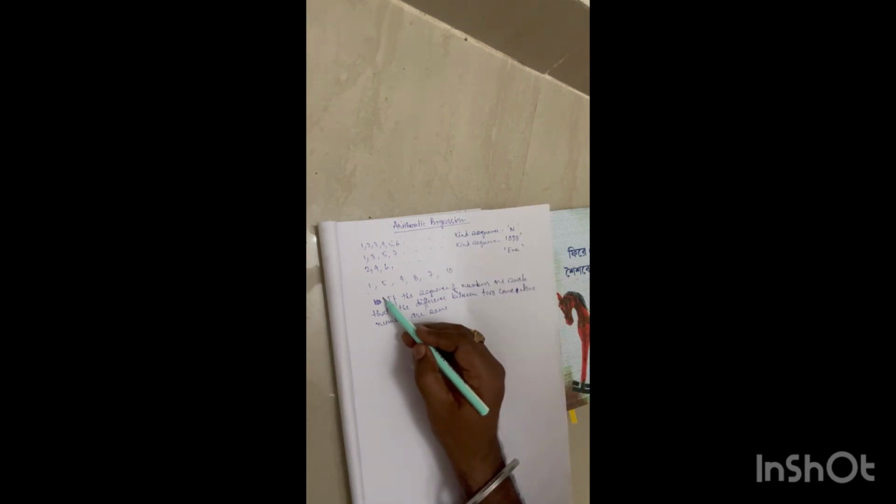Okay, now this is the definition. What it says: if the sequence of numbers are such that the difference between two consecutive numbers is the same, then the series is called arithmetic progression, or in short AP.